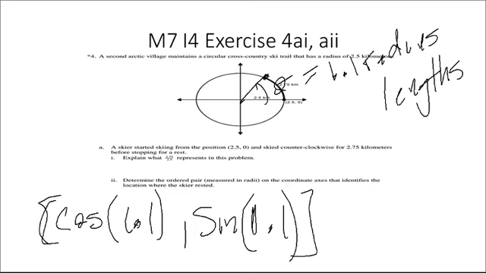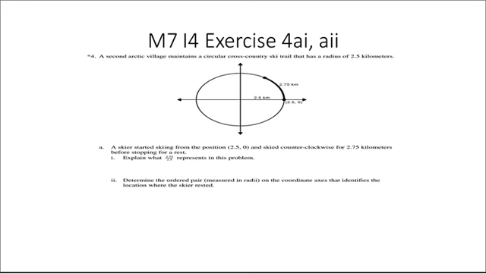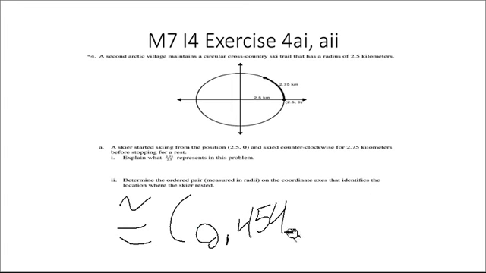Let's use brackets here. And that is going to give us roughly about 0.454 for our x value in terms of radius lengths and 0.891 radius lengths in this direction.